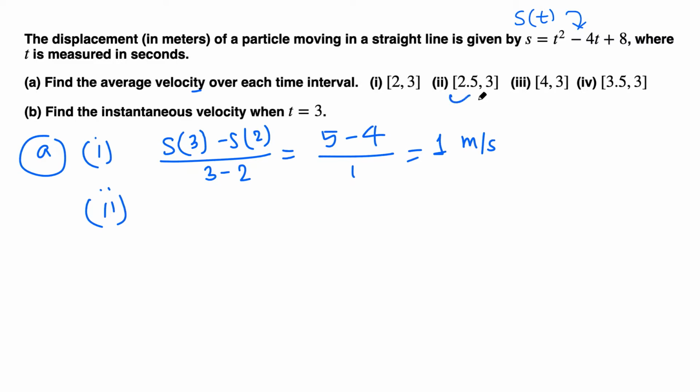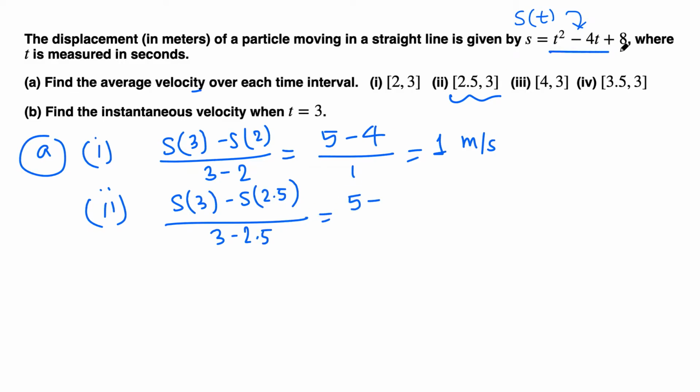Over 2.5 and 3, it's (S(3) minus S(2.5)) over (3 minus 2.5). S(3) is 5, minus, evaluate this function at 2.5, that comes out to be 4.25, over 0.5.